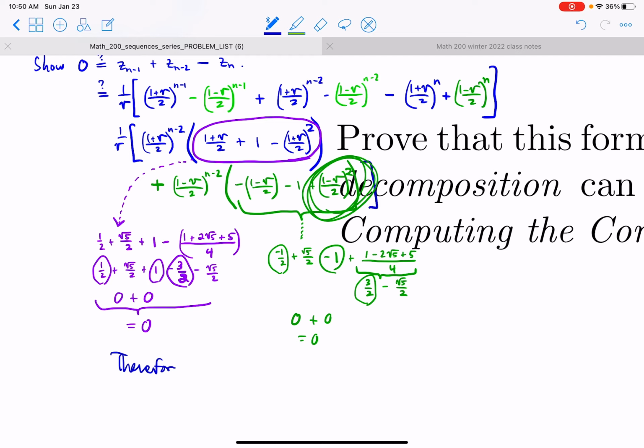Therefore, this formula does satisfy the recurrence equation for all n. You see, it worked for all n. What I was able to do is pull out almost all of the factors, okay?